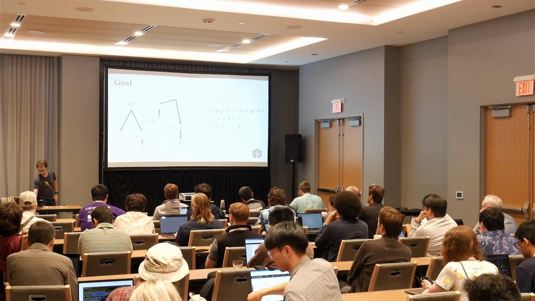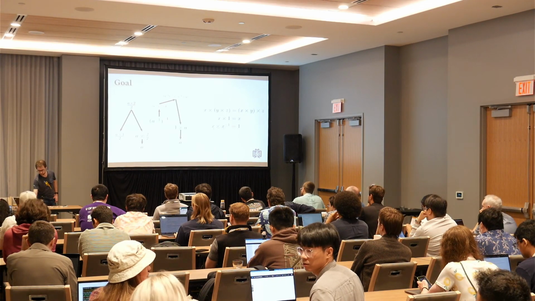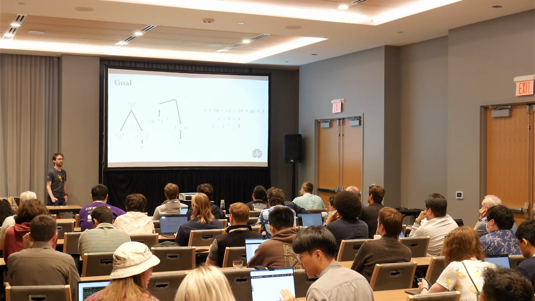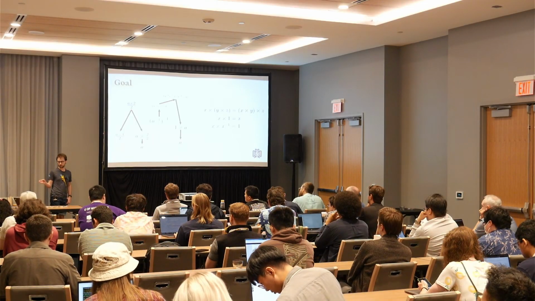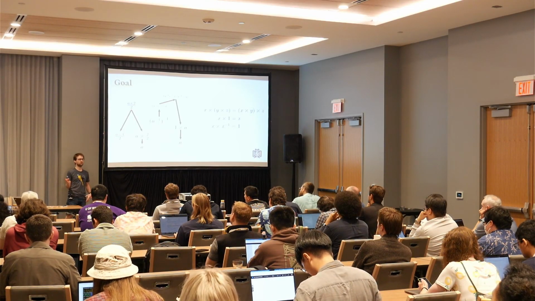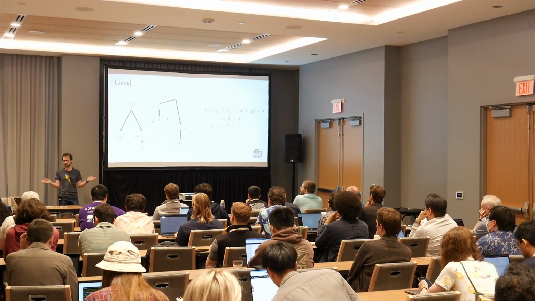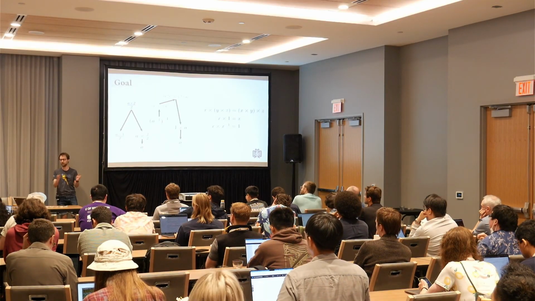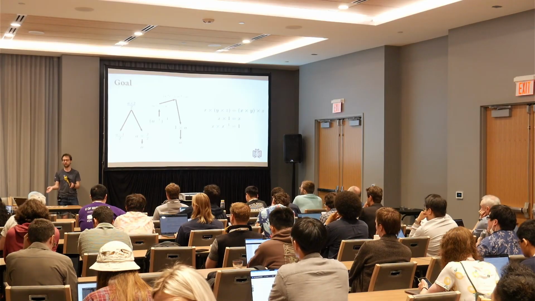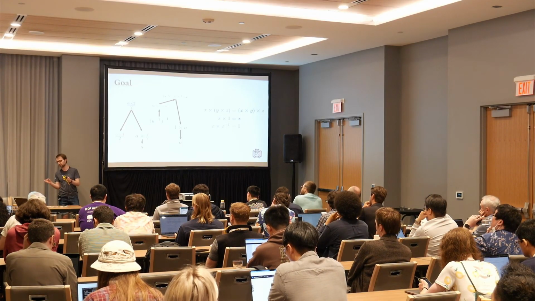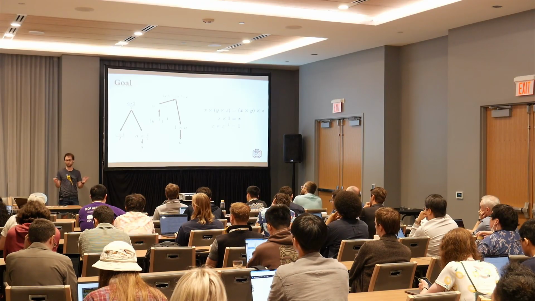But we can't add this rule, x times inverse of x to 1, in the other direction. Because in the other direction, we would need to instantiate x with arbitrary stuff. So we could add it for the concrete instance, a times inverse of a goes to 1, or b times inverse of b goes to 1, or inverse of a times inverse of a goes to 1, or in the other direction.